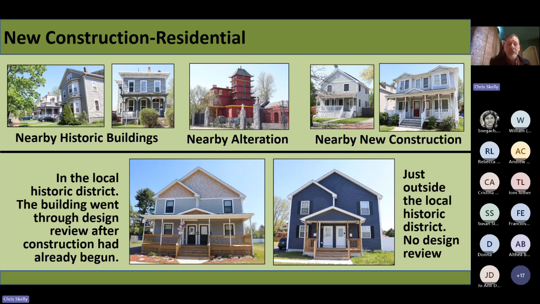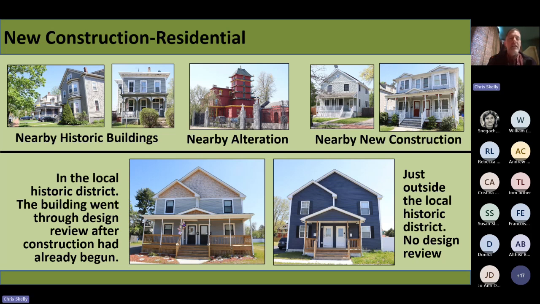So you can see in terms of shape and form, they're exactly the same. But what the district commission on the left-hand side did was encourage some additional details, additional trim, and other aspects to make that building a little bit more compatible with the district. I brought it up because I thought it was so interesting, where you see two exactly the same buildings, but one had to go through design review, one didn't. One's in the local historic district, and one isn't.